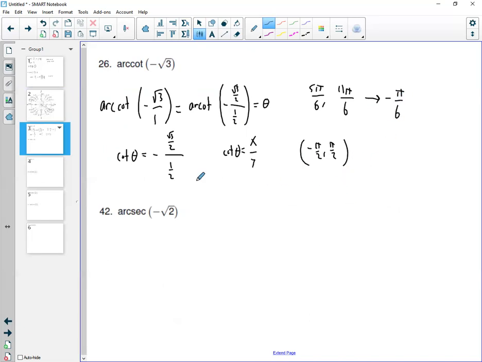I'll do one more and then I'll break this and I'll do the last ones after this. So arcsecant of -√2. So this one has the same kind of a trick to it, where you got to rewrite this so that it's a meaningful fraction that y'all can look at on the unit circle.